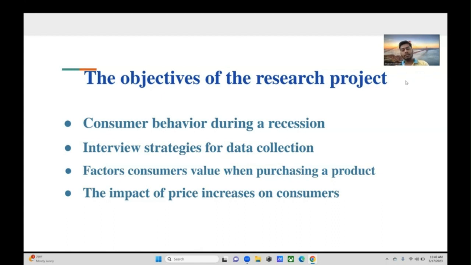The understanding will enable businesses to align their offering with consumer preference and enhance customer satisfaction. Lastly, we aim to examine the impact of price increase on consumers by studying consumer reactions to price changes. We can gauge the price elasticity of demand and make informed pricing decisions.